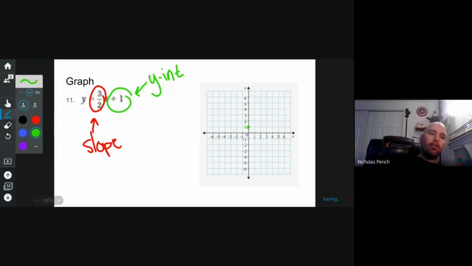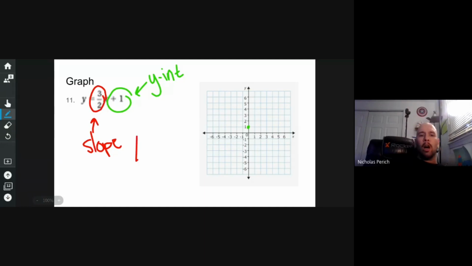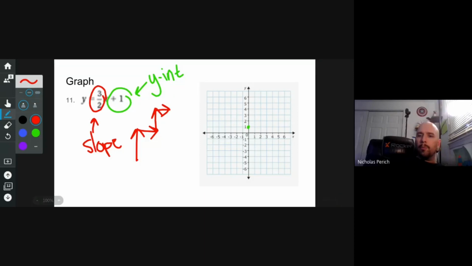Now I use my slope to make more dots. My slope is positive 3 over 2, which means up 3, right 2. Up 3, right 2. So go to your green dot over there and do the same thing. Up 1, 2, 3, right 1, 2, boop.